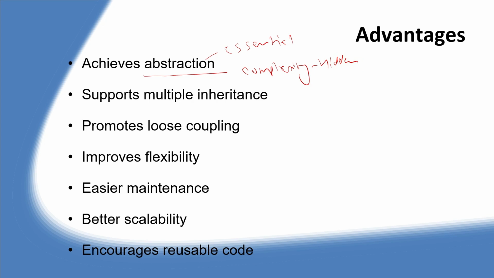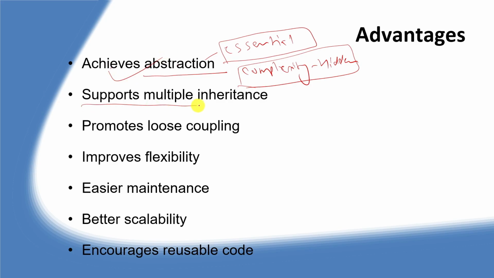In an interface we only do the method declaration, that is the essential information. But what is the logic of that method, what is the implementation, what is the method definition? That will be provided by the implementation class. That is the complexity that is hidden. That's how we achieve abstraction using interfaces.